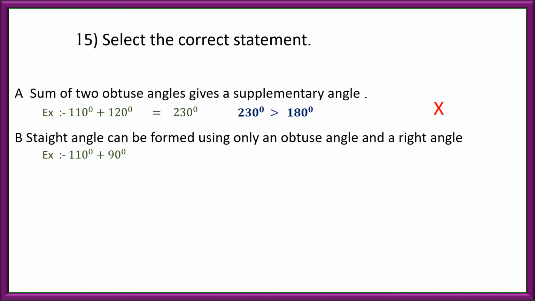Here the right angle should be 90 degrees. Then the sum of those two angles gives us 200 degrees. That one is also greater than 180. Therefore, statement B is also wrong.